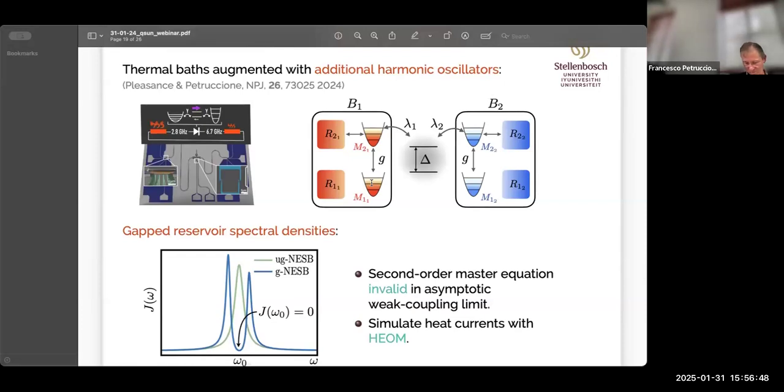The consequence of that is that you can show this shuts off the transport pathway, which scales quadratically in this parameter lambda. So the next leading order effect is quartic. That's why you get this quartic scaling.